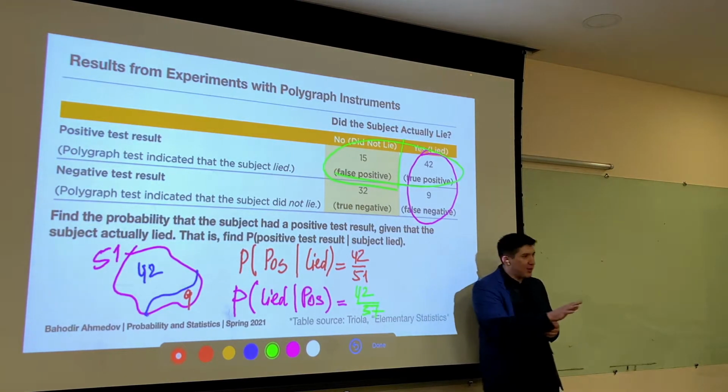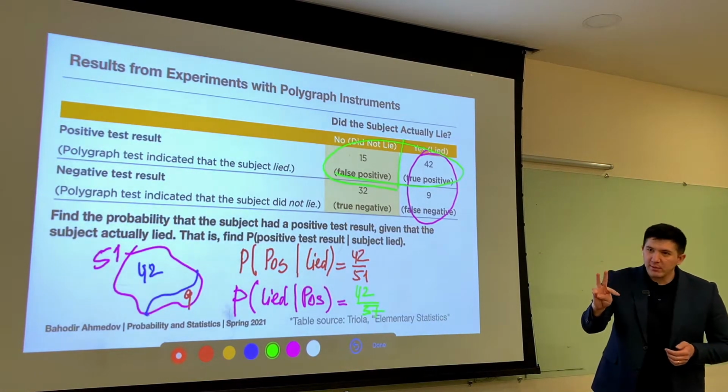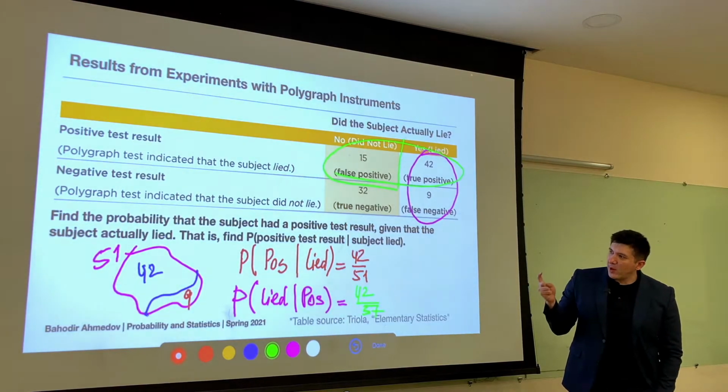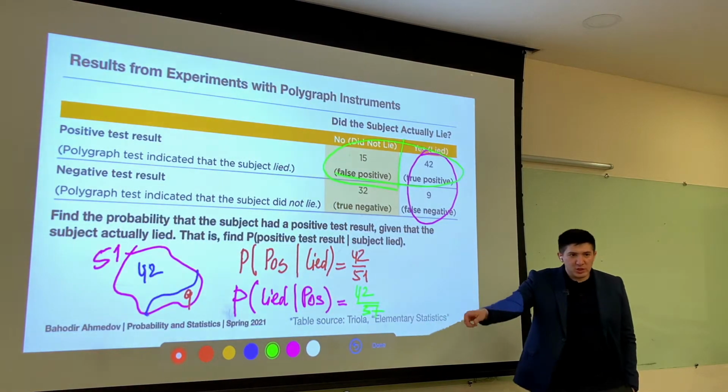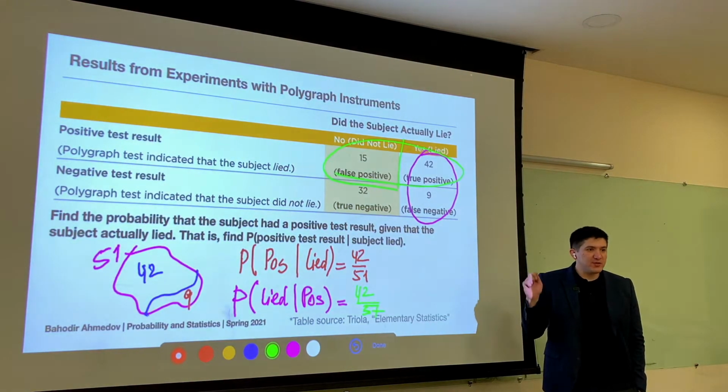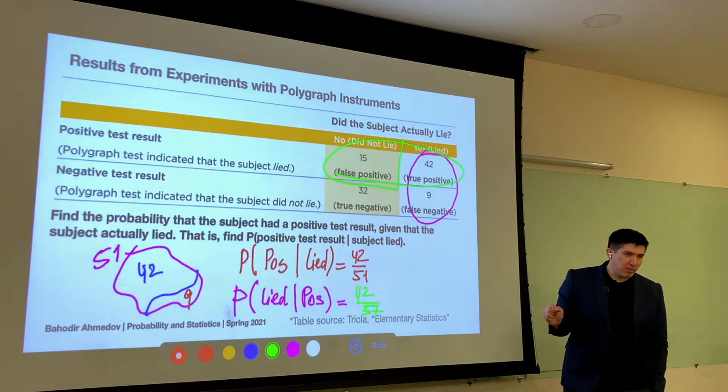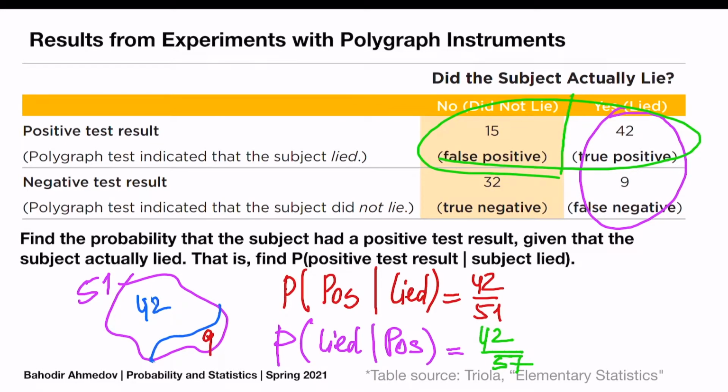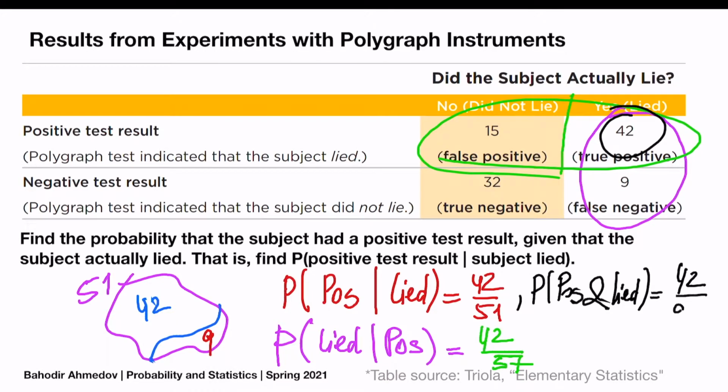Okay, so this probability is something different than simply the intersection. By the way, there is a third possible way, right? What is the probability that the person I choose had a positive test and lied? What is the probability that the person has a positive test result and lied? 42 over 98.